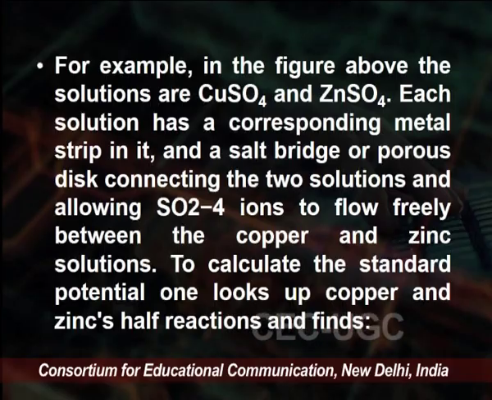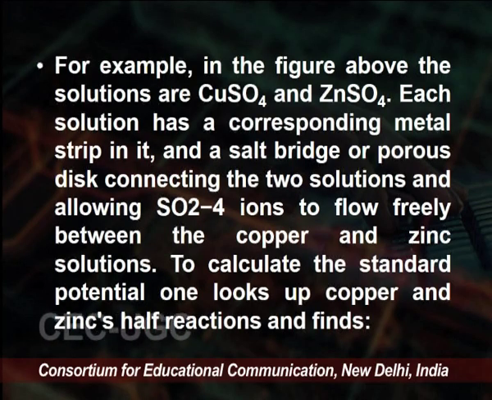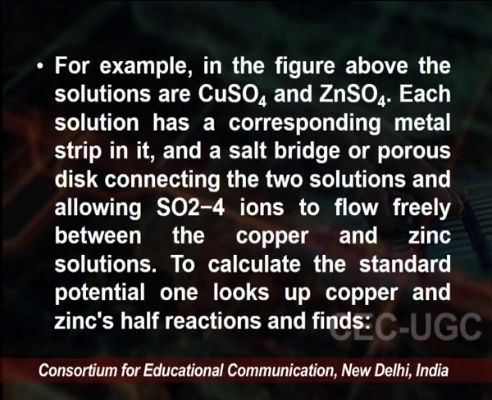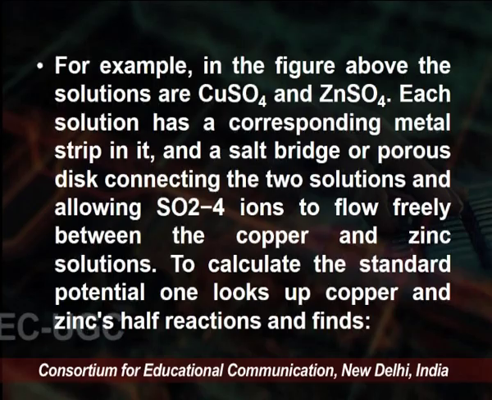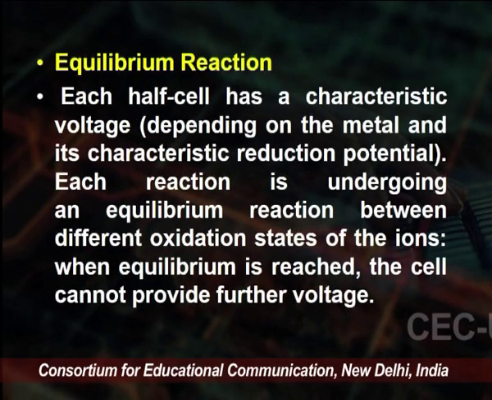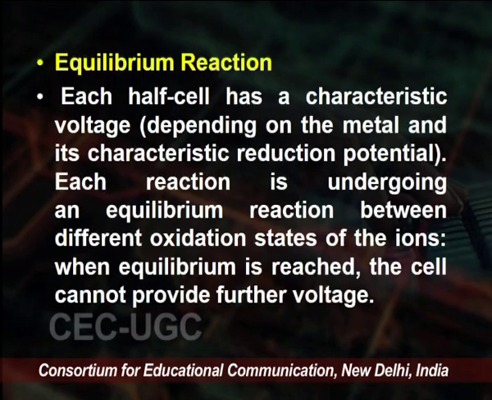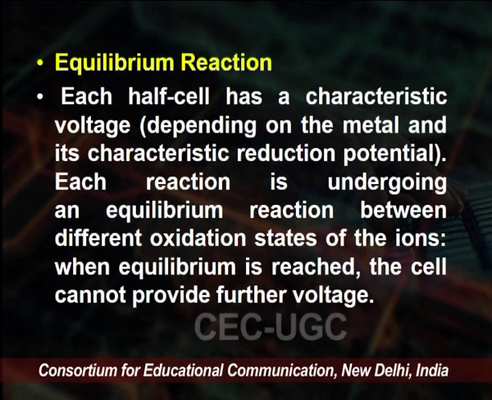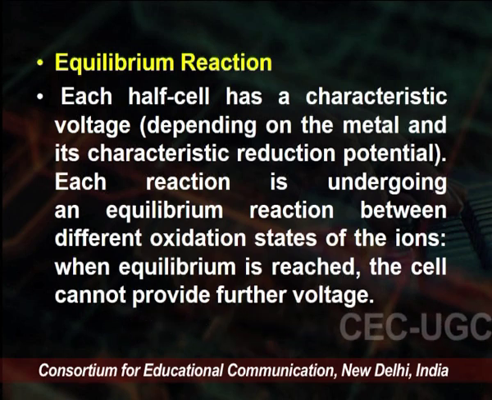The salt bridge or a porous disc connects the two solutions and allows the SO4 ions to flow freely between the copper and the zinc solution. To calculate the standard potential, one looks up the copper and the zinc half reactions, which are equilibrium reactions where each half cell has a characteristic voltage.